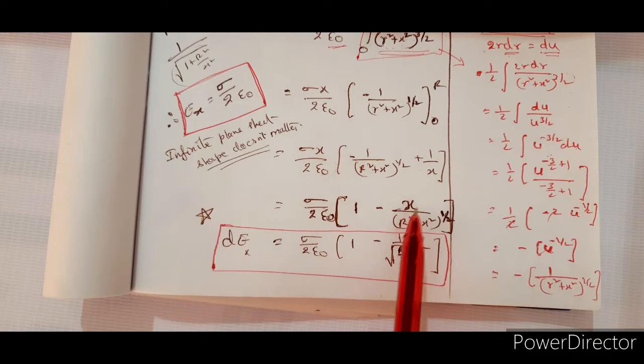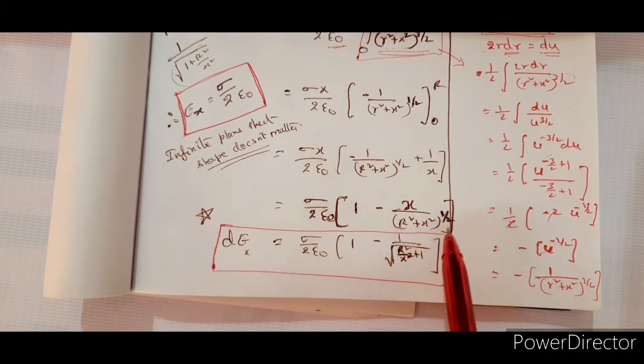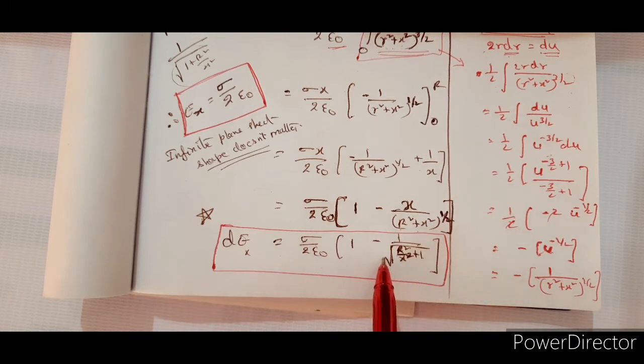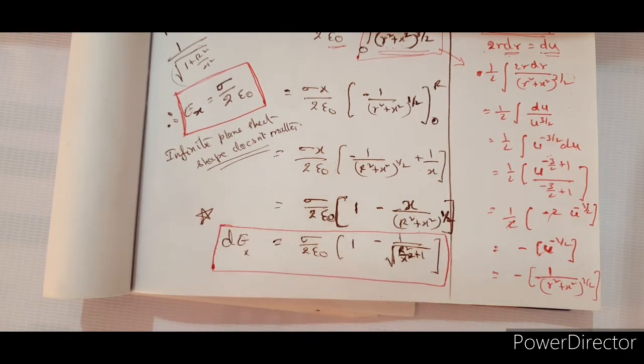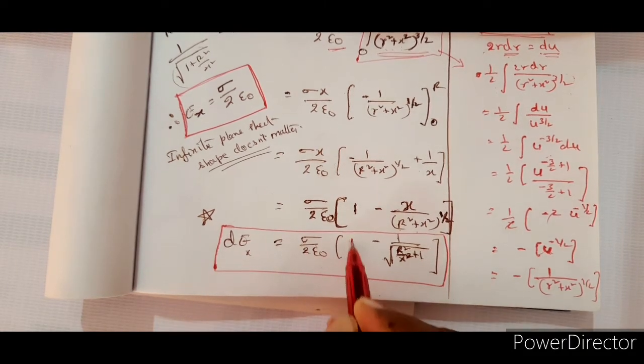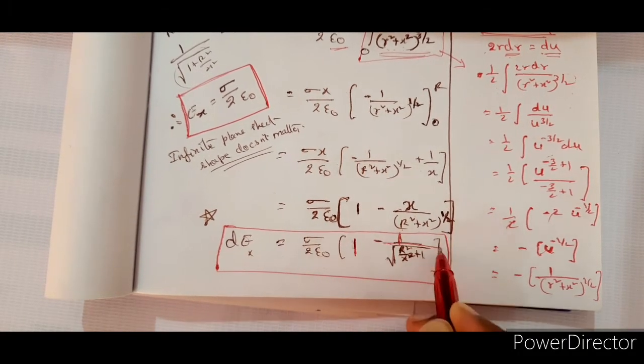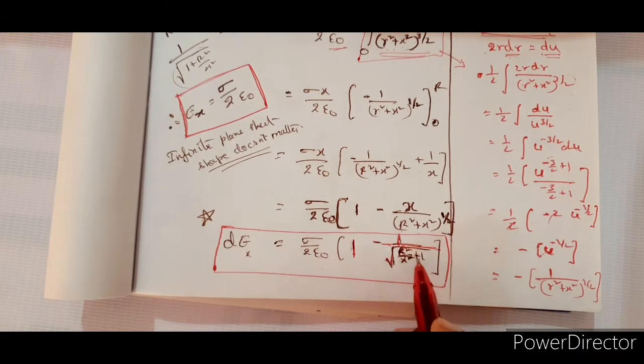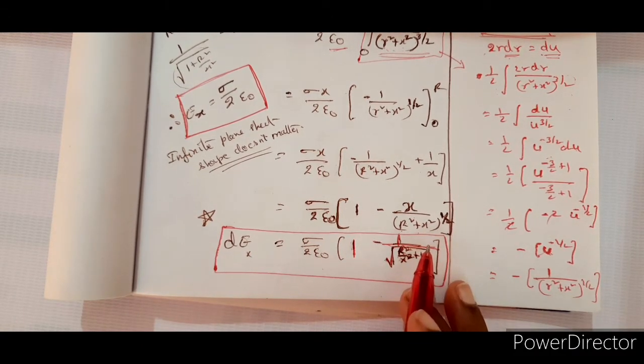We want to bring out the derivation in such a manner that you can compare r and x. So dividing by x square everywhere, inside the root it is r square by x square plus 1, and the x outside the root cancels. So what we are left with is 1 minus 1 by square root of r square by x square plus 1. Clear? Any doubt?